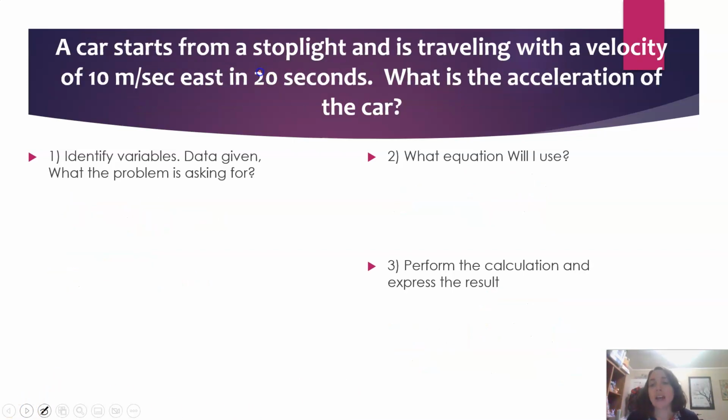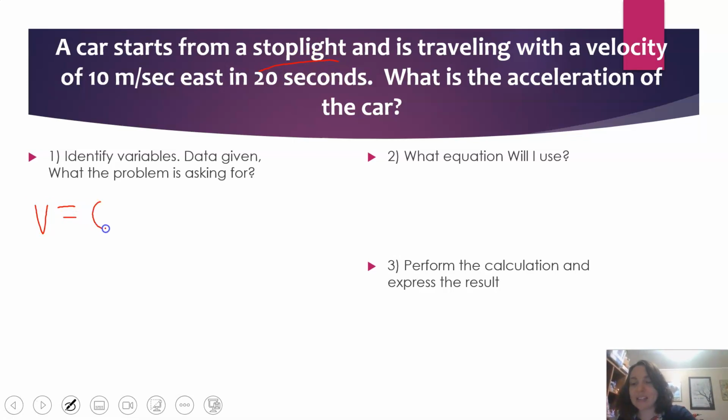Next, a car starts from a stoplight and is traveling with a velocity of 10 meters per second east in 20 seconds. What is the acceleration of the car? So I know the car started from a stoplight, and if a car is stopped, its velocity is 0. It is not moving.